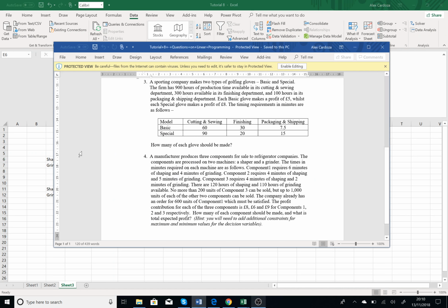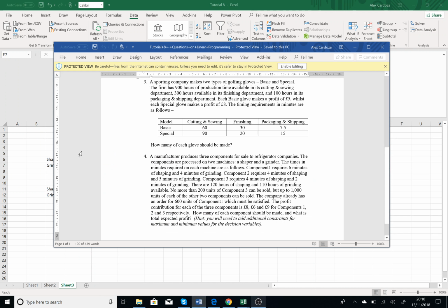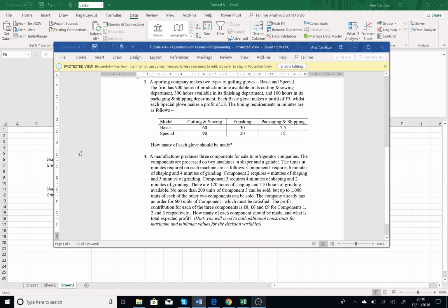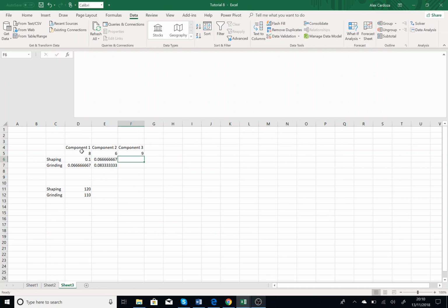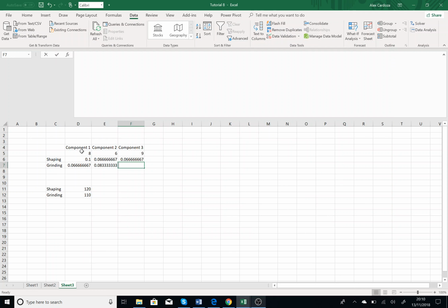Component 2 requires 4 minutes of shaping equals 4 divided by 60, and 5 minutes of grinding equals 5 divided by 60. Component 3 requires 4 minutes of shaping equals 4 divided by 60, and 2 minutes of grinding equals 2 divided by 60.